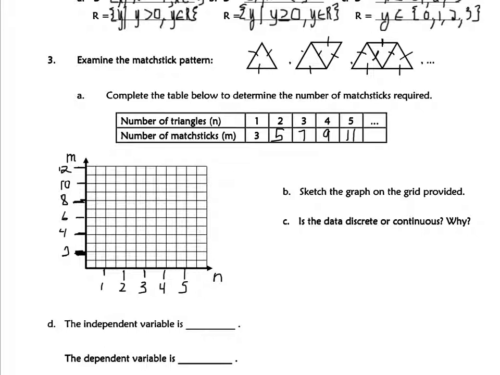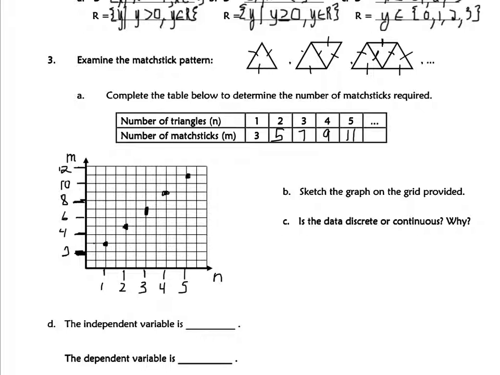So 1 goes with 3, which would be right here. 2 goes with 5, which would be right here. 3 goes with 7, which will be right here. And 4 goes with 9, which will be right here. And 5 goes with 11.